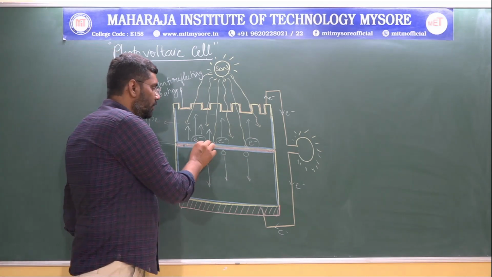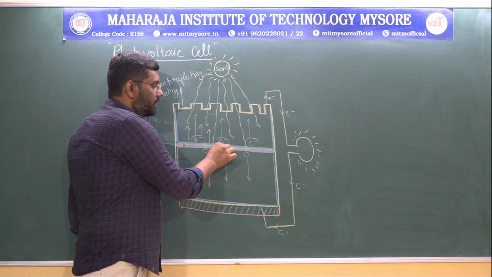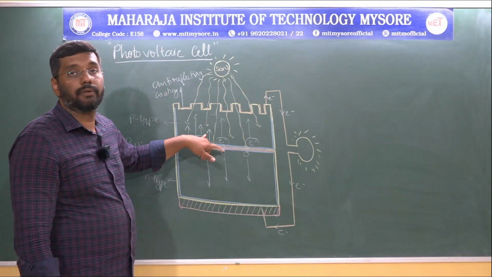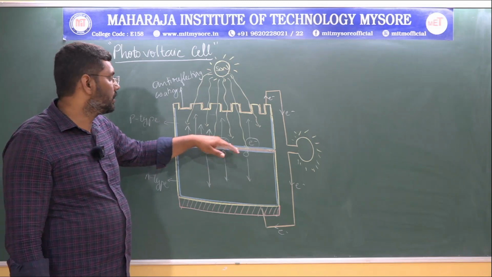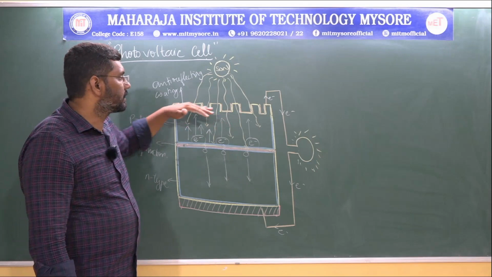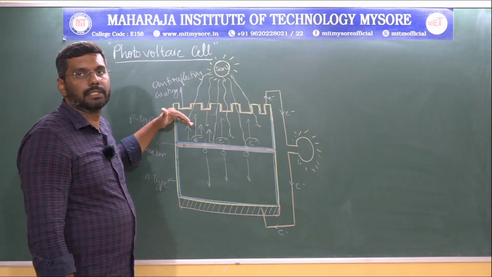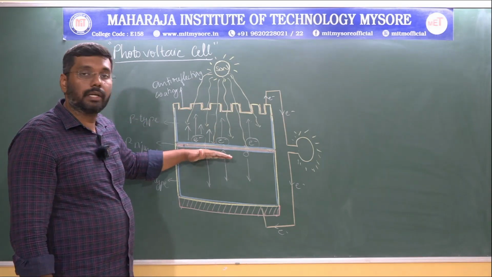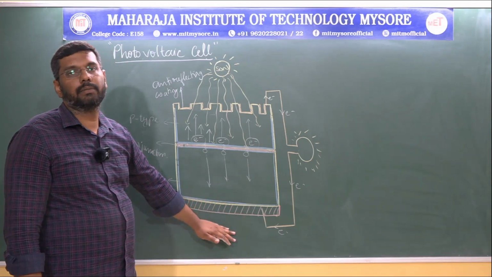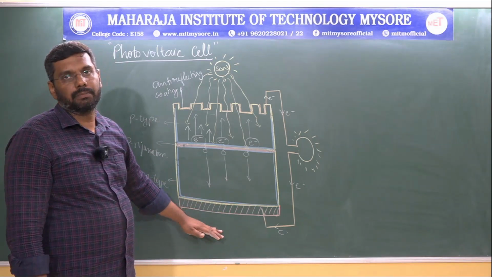So when electron and hole pairs have been generated in the PN junction, what happens? Since the electron has very high energy, it starts moving towards the p-type semiconductor and gets collected at the anodic side. And the holes gradually move and are collected in the current collectors at the bottom of the n-type semiconductor.